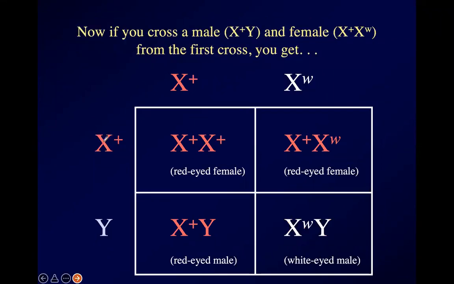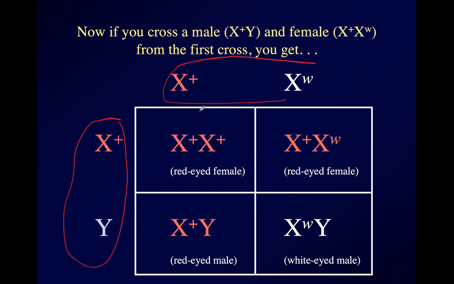Now, if you take a male from the first cross right over here and a female from the first cross, what happens? Well, 1/4 of the offspring are homozygous dominant red-eyed females. They have 2 X chromosomes because they're female. And both of these are carrying a copy of the wild type allele.